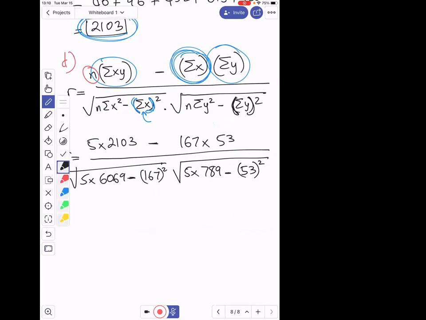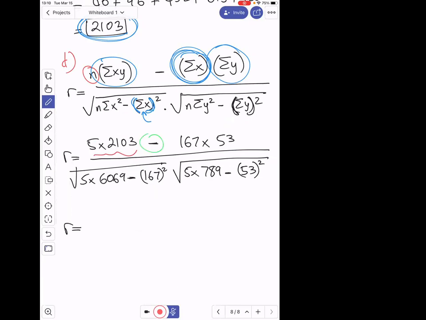Now we can do the top and the bottom at the same time. In the top, we have multiplication and a subtraction. Of course, by the PEMDAS rule, you need to do the multiplication first.